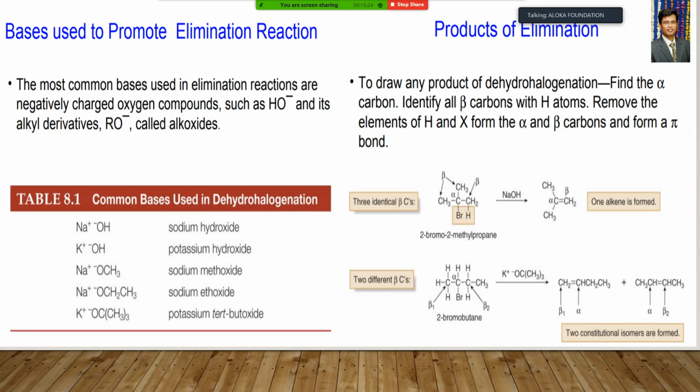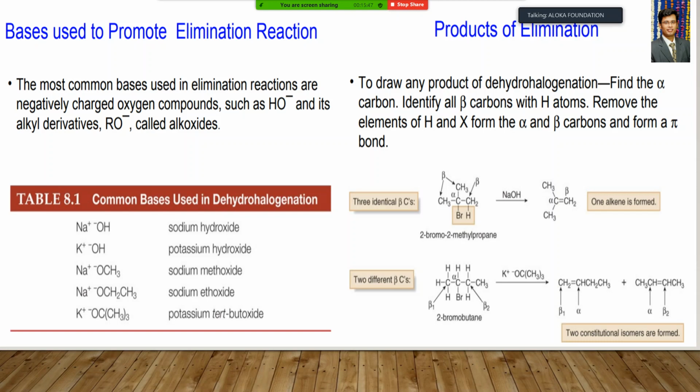Now bases are used to promote elimination. In this particular type of elimination reaction, you require a strong base. Oxygen containing negatively charged bases, like hydroxide and alkoxide derivatives, are used as bases in elimination reactions.